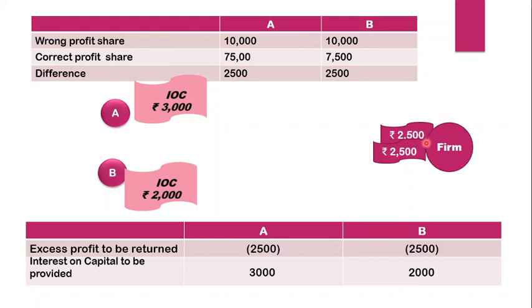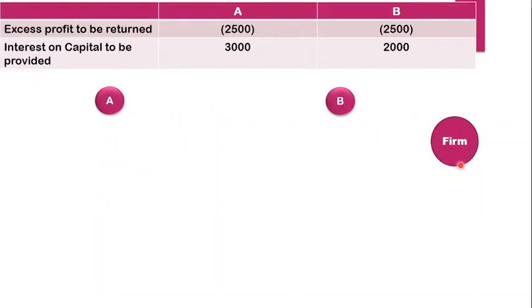Now the point here is, if you look carefully, I receive 5,000 rupees, and also I paid them 5,000. So what is my role? Isn't it? So we can say that in this case, there is no role of the firm. It can be handled by A and B. It is something between A and B.